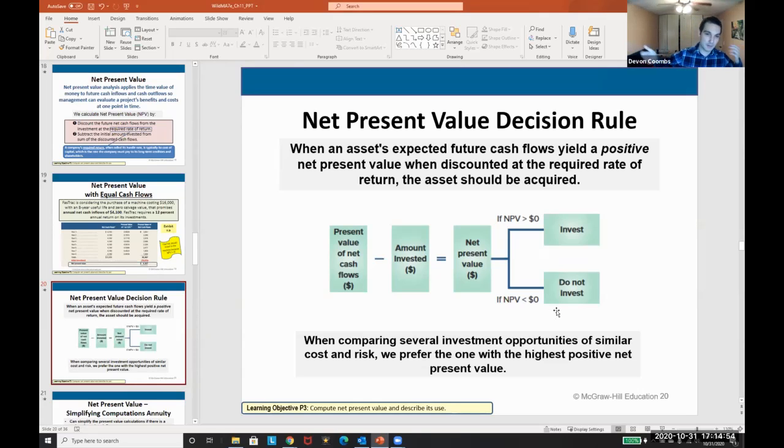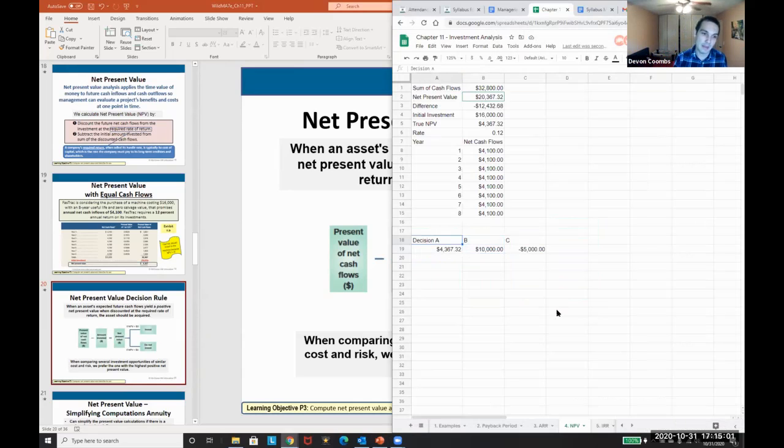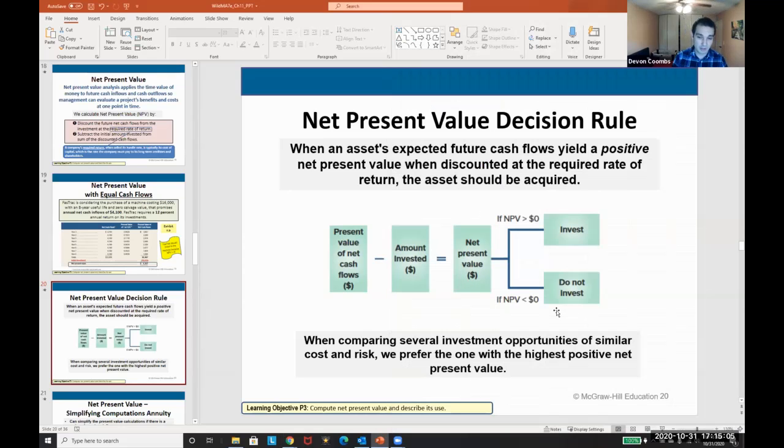But obviously we have limited resources, so we should always consider if we can only make a decision between A and B, then we'll take the higher net present value of cash flows. But we should also remember this is an isolated metric.